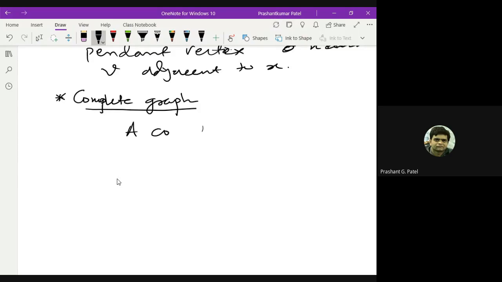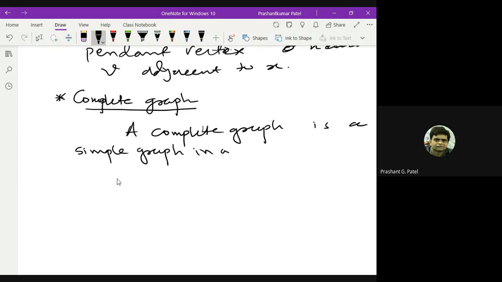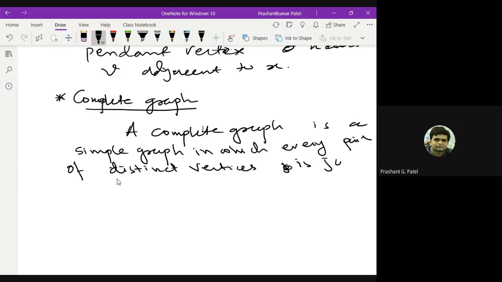So a complete graph is a simple graph in which every pair of distinct vertices is joined by an edge.